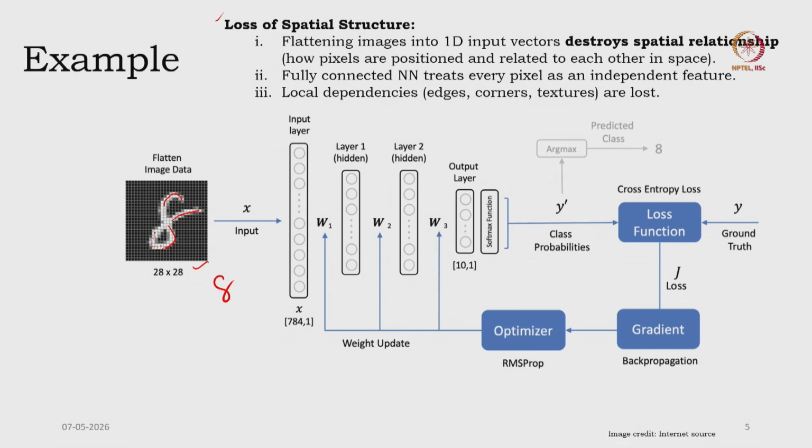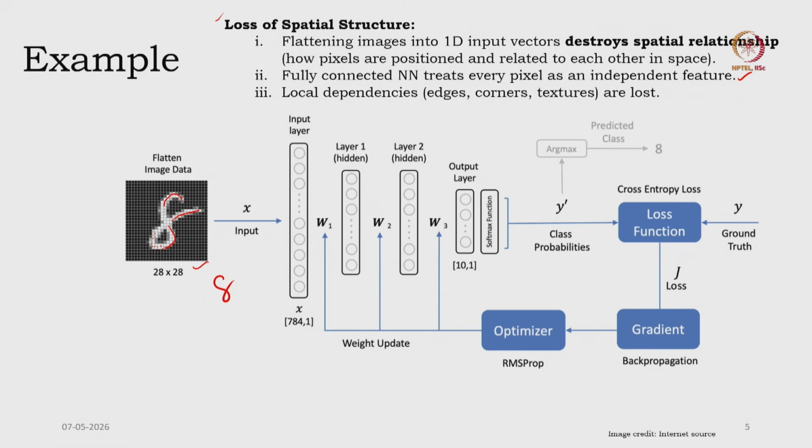Because in an image, a single pixel does not contribute much. We will not get much information just by looking at a single pixel. But when we look at its neighboring pixels, a collection of such neighboring pixels, we will be able to understand what exactly that particular object is. So a fully connected neural network treating every pixel as an independent feature cannot work when we are dealing with images.